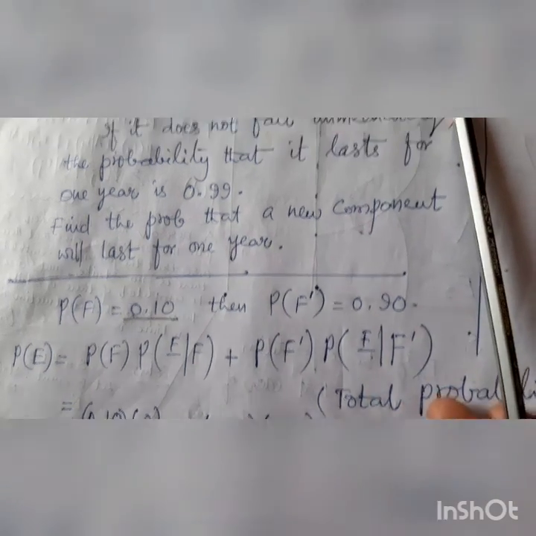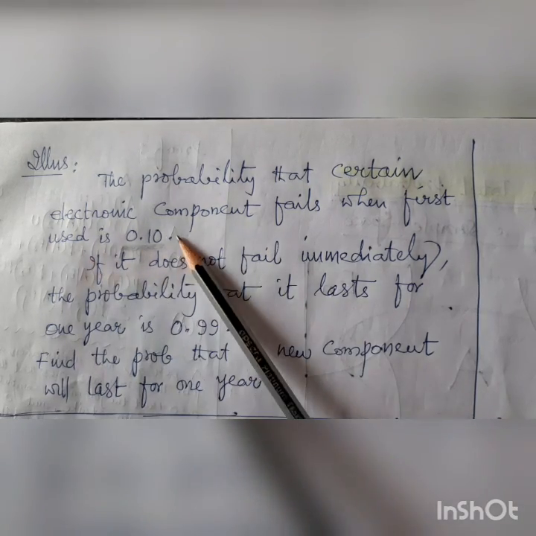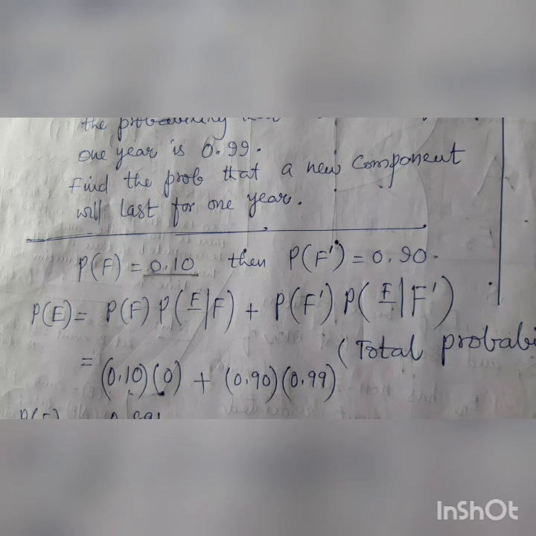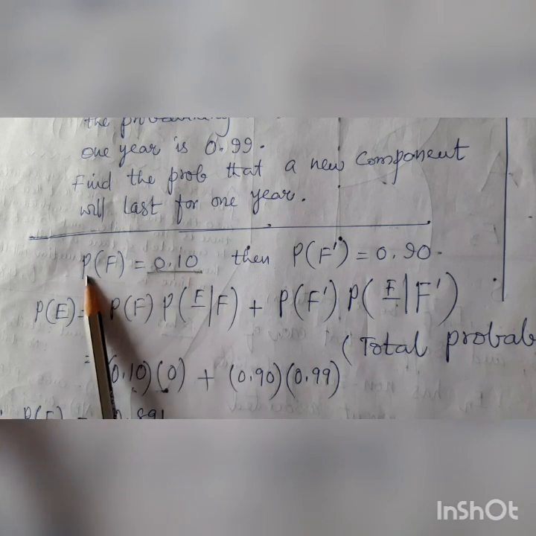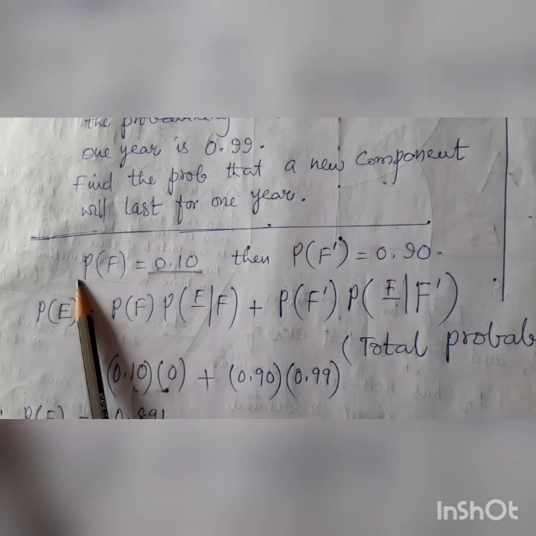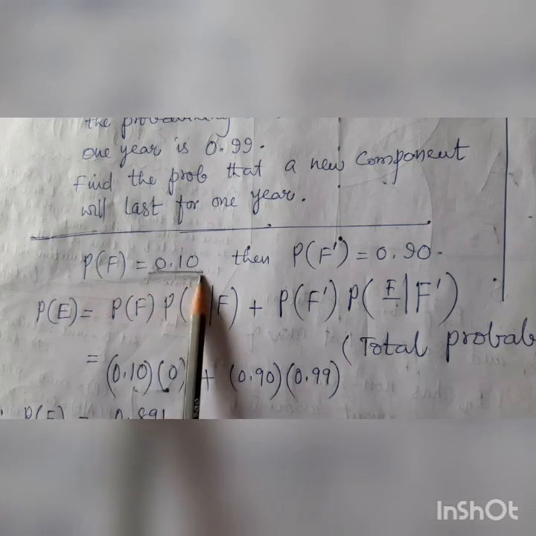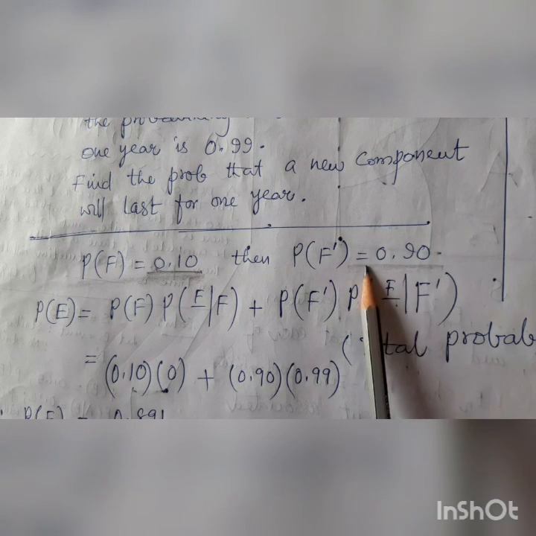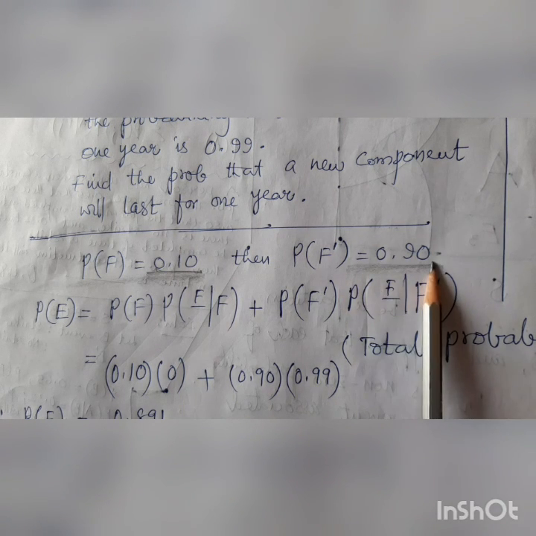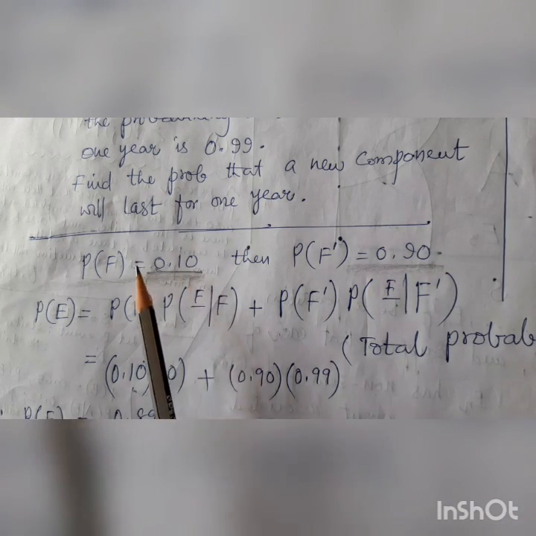The component fails when first used with probability 0.10. With probability 0.90 it will work, and with 0.10 it fails to work.